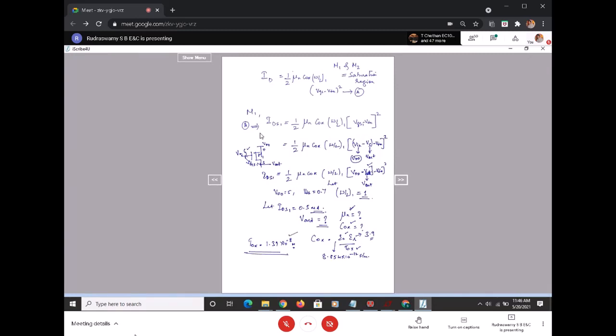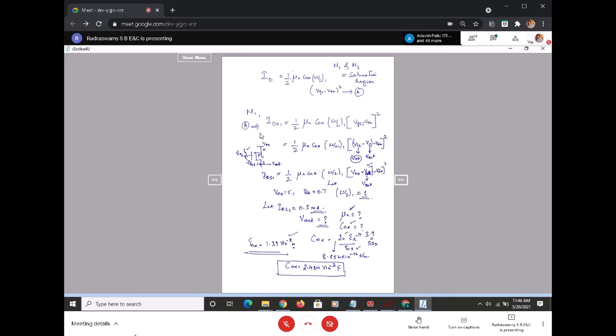The moment I have the oxide thickness, and if the oxide is silicon dioxide, SiO2, then I can calculate Cox because I know the Tox and epsilon naught, the permittivity. So I can get the Cox calculation, and it is somewhere around 2.484 into 10 to the power of minus 3 farad. This is the Cox.